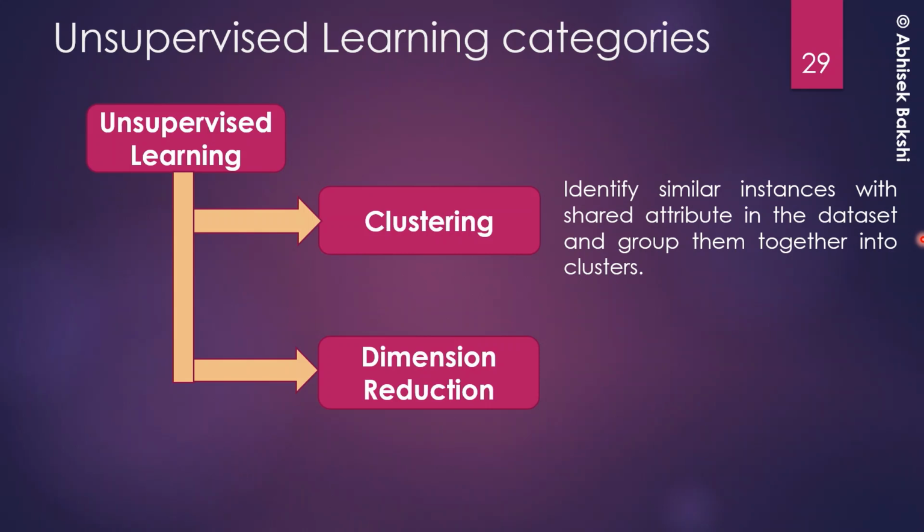So in this way, if I say that I have n number of features, you require n plus 1 dimensions to represent that point in the space.